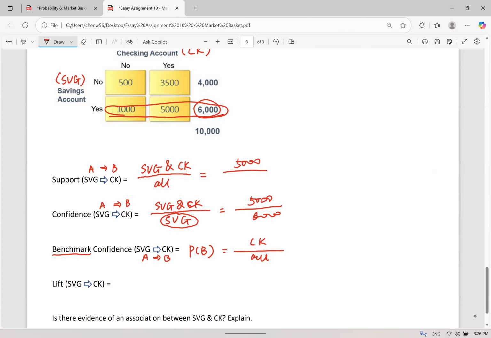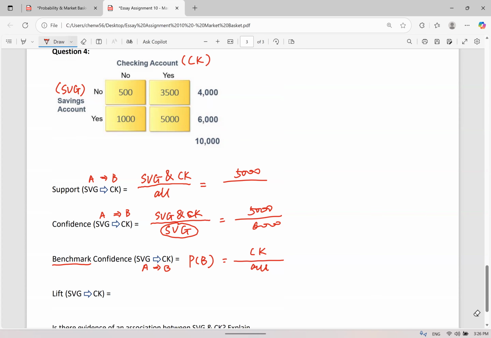So how many checking accounts do you have? 8,500. Perfect, good. I don't care whether they have the savings or not. I just care about the total of the checking account, right? So that would be 8,500.